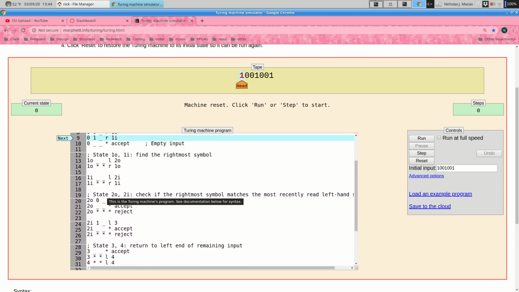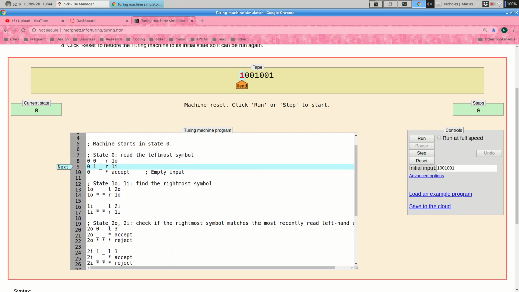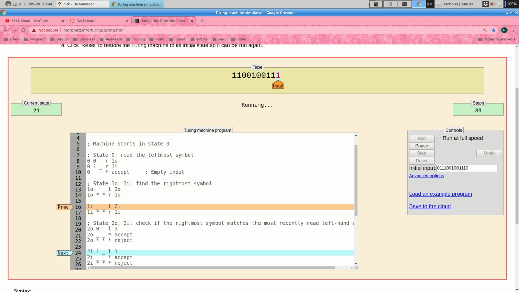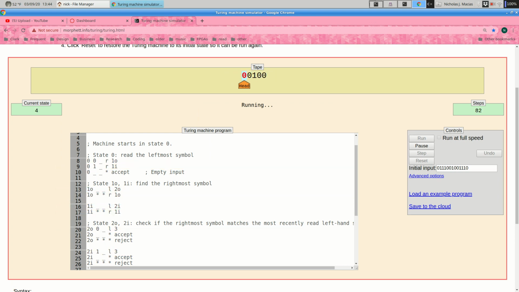It's got comments in it, right? And there are some shortcuts in here, some wildcards, and fancy state names and so on. But it's basically doing the same thing. And you can load in an initial string, and run this, and it will go through and figure out if it's a palindrome.